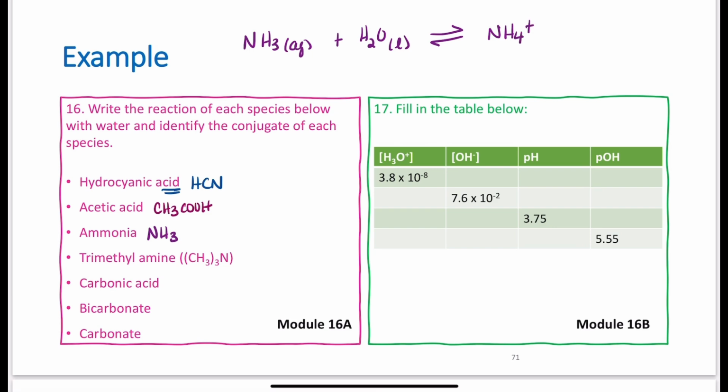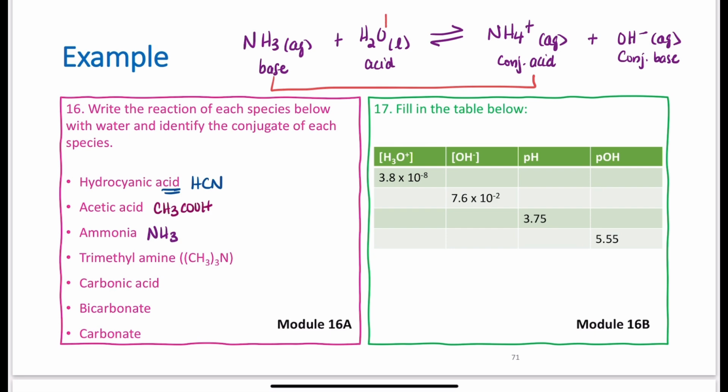In doing so, it forms ammonium and hydroxide. So this is acting as a base. This is my conjugate acid, which means here water's acting as an acid, and this is my conjugate base. Base to conjugate acid, acid to conjugate base.